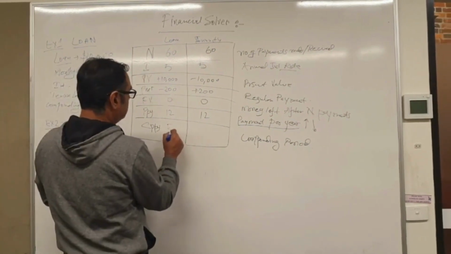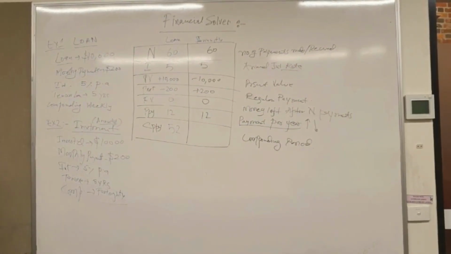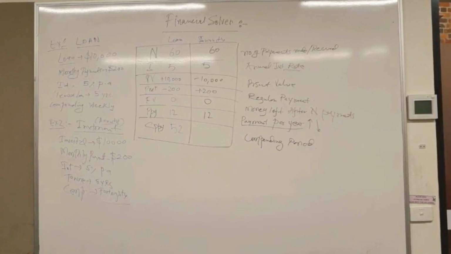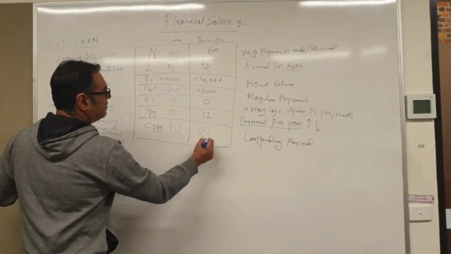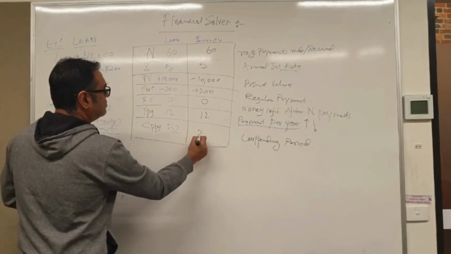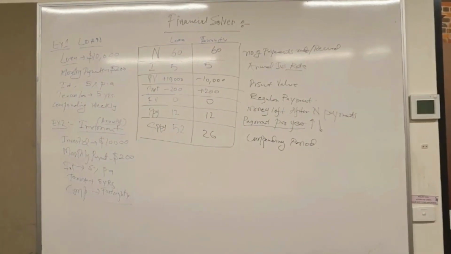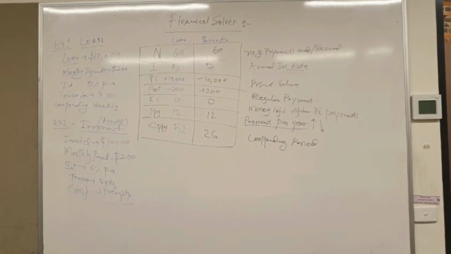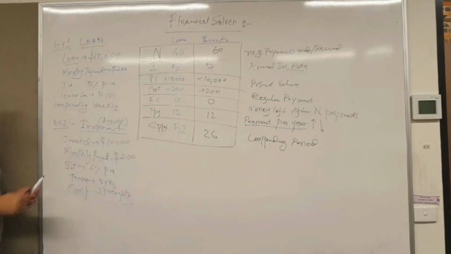And what about here? 26. 26, fortnightly. Did you see the difference? Did you understand each and every point of this financial solver?